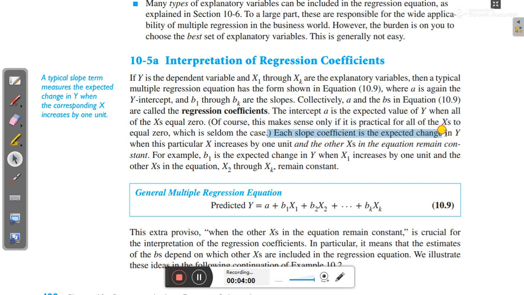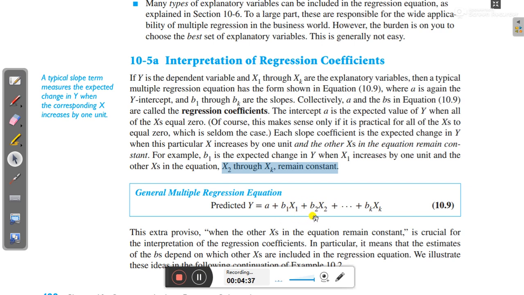Each slope coefficient is the expected change in y when this particular x increases by 1 unit, while the other x's in the equation remain constant. For example, b1 is the expected change in y when x1 increases by 1 unit and the other x's in the equation, x2 to xk, remain constant. So when you increase x1, the b1 value determines the change in y, but the other explanatory variables remain constant.